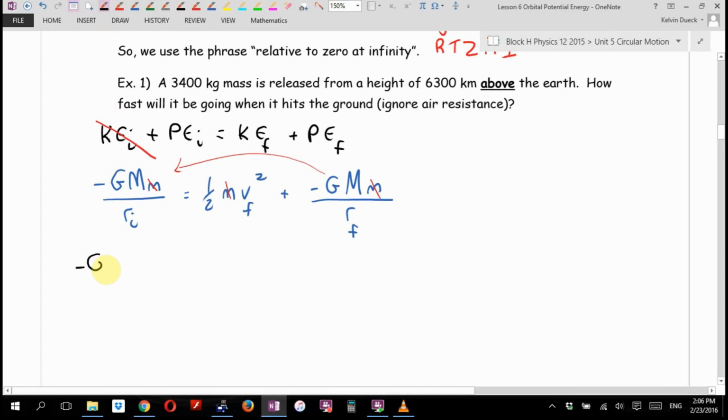So, negative big G, big M over R initial plus big G, big M over R final equals 0.5 v final squared.